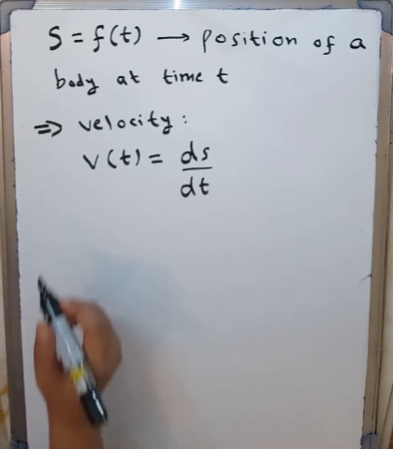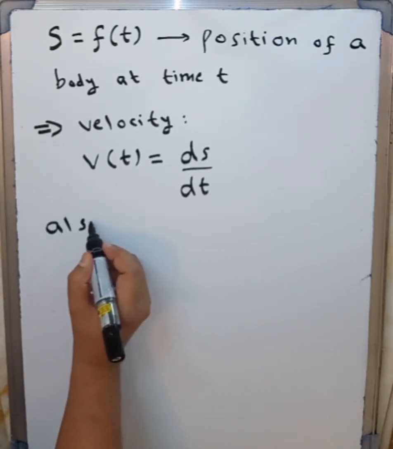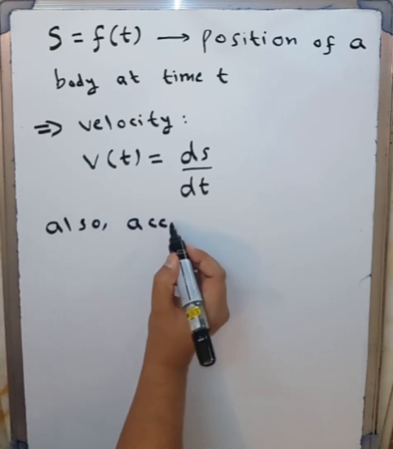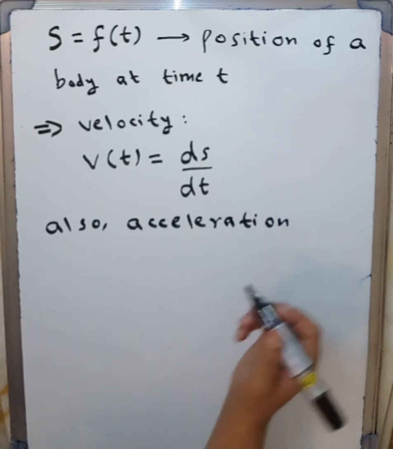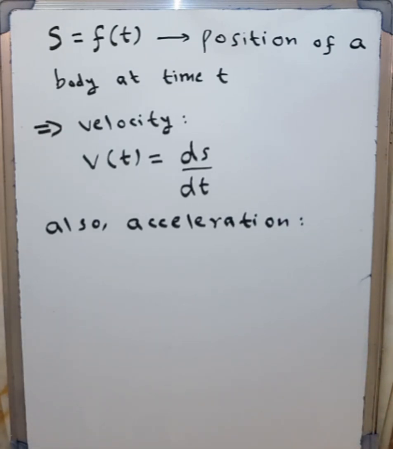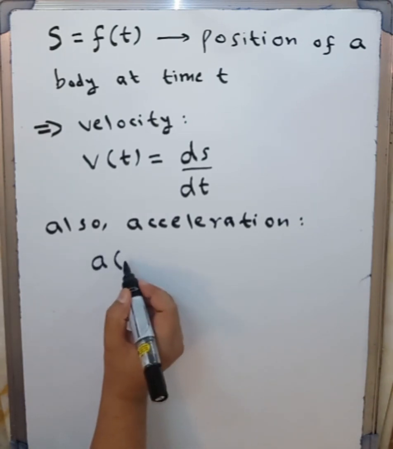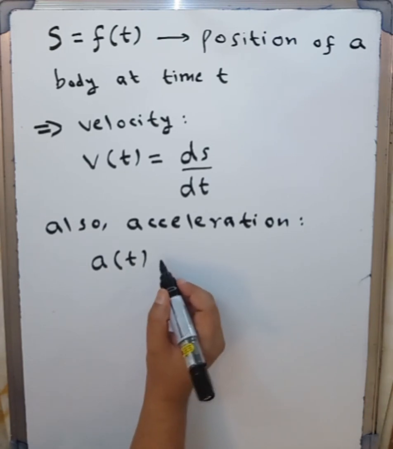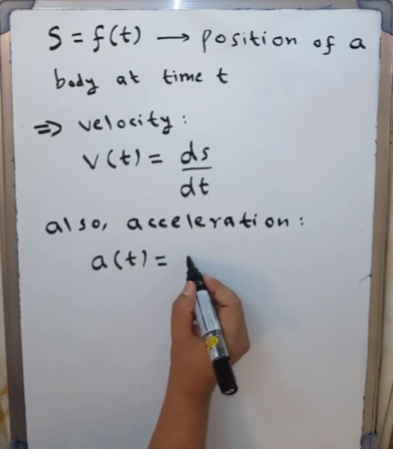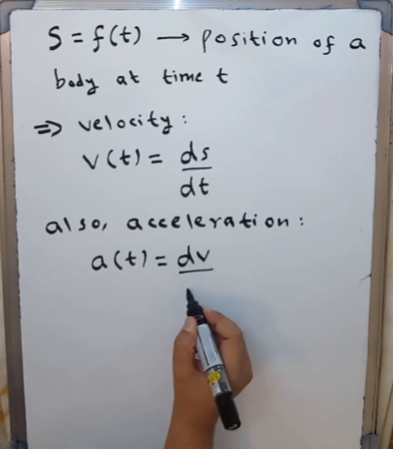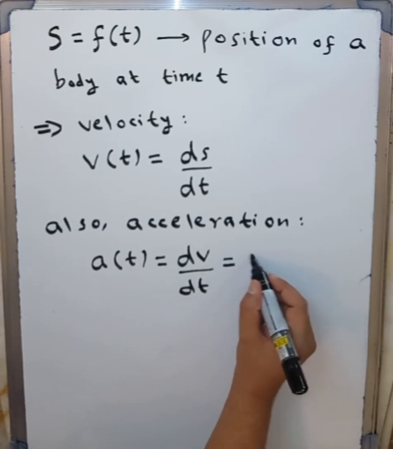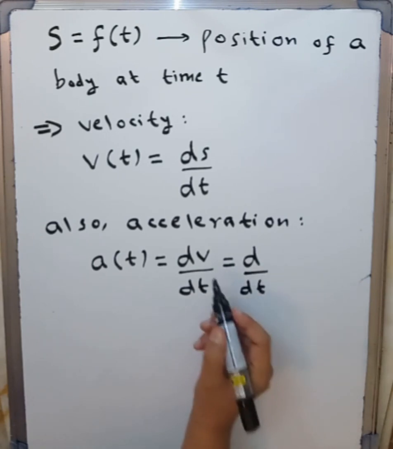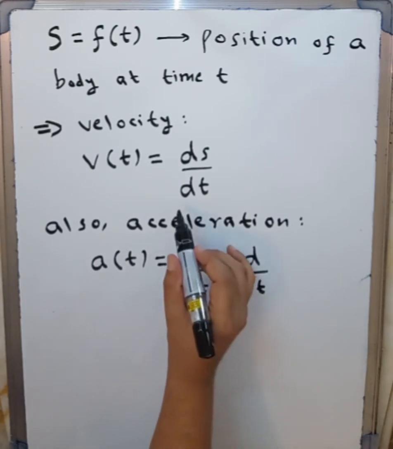Same way, if we want to calculate the acceleration at time t, so what we do, a(t) is equal to, we differentiate the velocity with respect to time, or you can also write it as d by dt of v, and v is ds by dt.